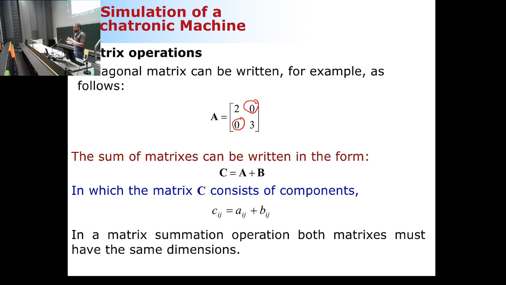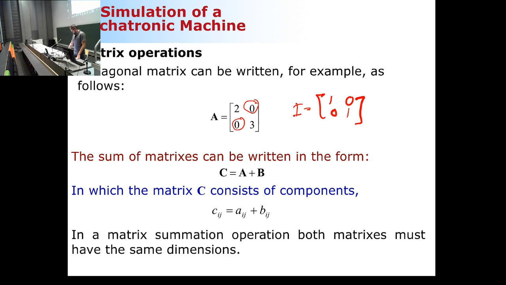The identity matrix is a special case of a diagonal matrix, where the diagonal components are equal to 1. Just to give you an example, the 2 by 2 identity matrix will look like this. So it's a special matrix, something that is often needed in a class.